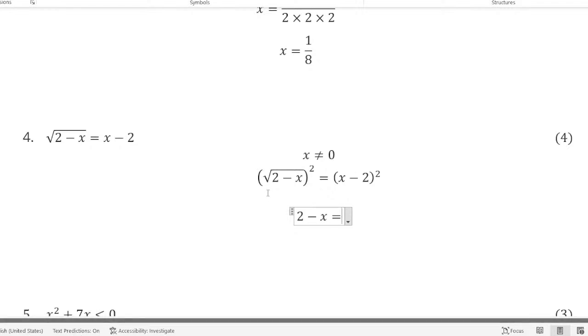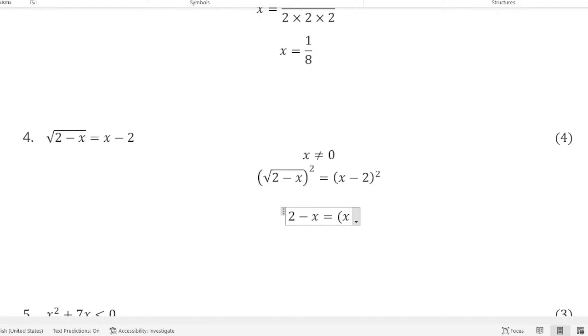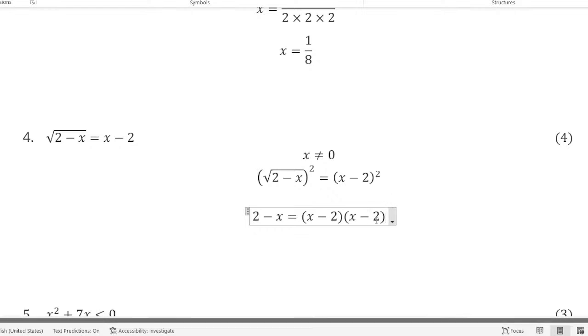is equal to, so this one, we can do it by inspection, or we can make it long. Here we have x minus 2 into x minus 2, right?